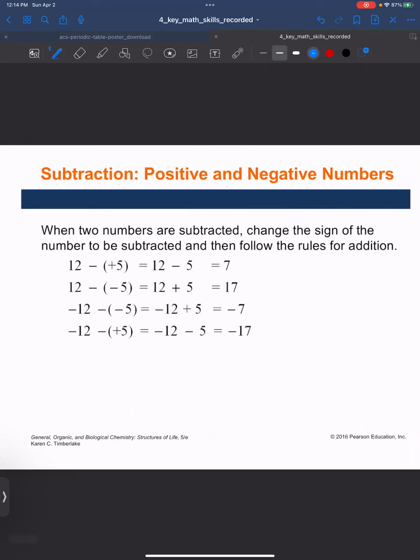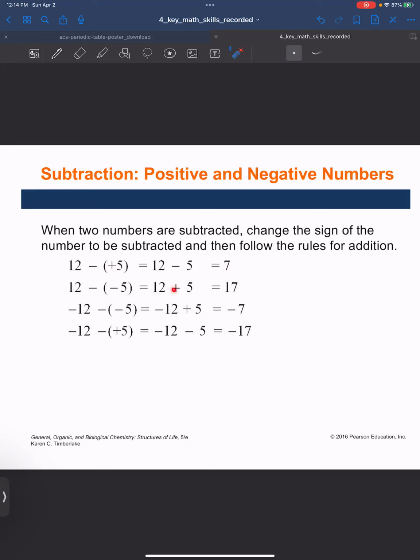What about subtraction? When two numbers are subtracted, change the sign of the number to be subtracted and then follow the rules for addition. So for example, if we have 12 minus +5, well, we know that essentially, if it's positive here, then this is just -5. So that's what we mean by changing the sign. So 12 minus 5 is 7. If we have 12 minus -5, those two negatives will make a positive.